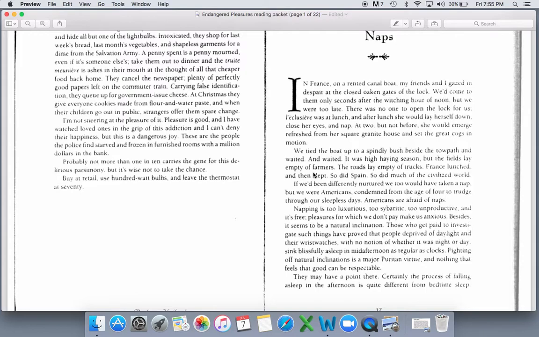And we see it at the very beginning of this essay, and it represents and introduces us to the speaker. So before she gets into this problem of Americans are afraid of naps, she starts off with a story that's a representation of that very problem, or the tension that Americans have when it comes to napping.